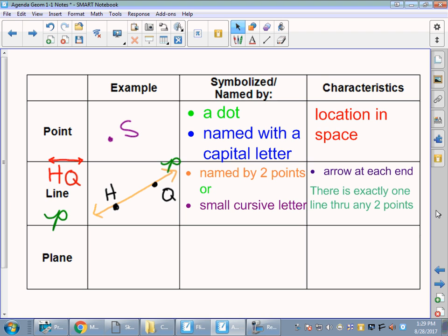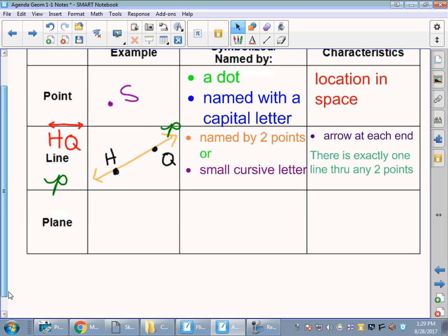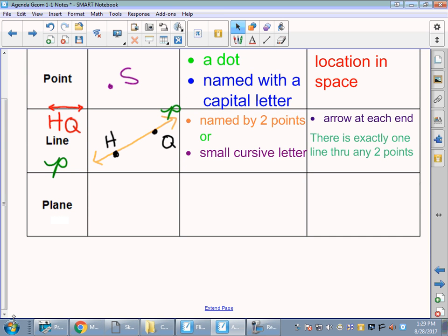And finally, my board's very crappy. A plane. A plane is actually the set of all points in 3 dimensions. So this is an interesting one. The way we draw this to represent a plane is a little parallelogram. Make sure everything's connected. We'll typically put 3 points on this plane.